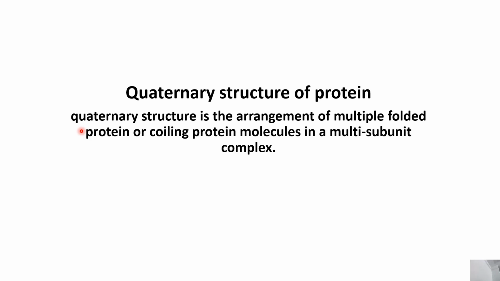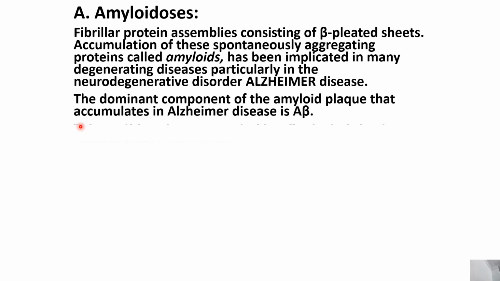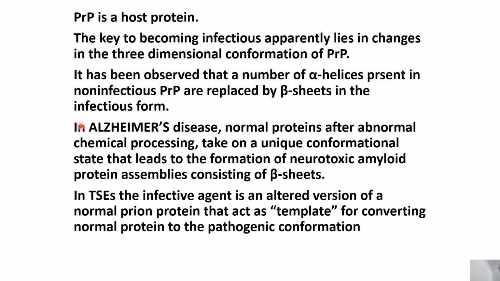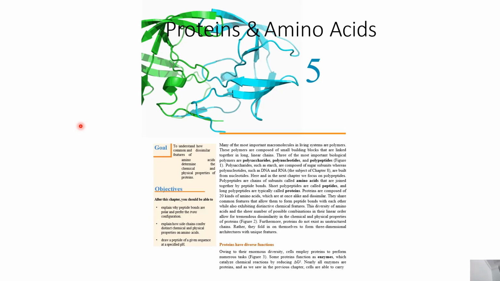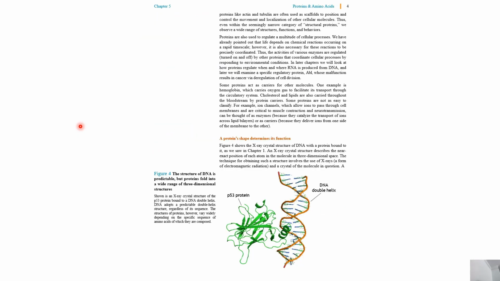Quaternary structure of protein is the arrangement of multiple folded protein or coiled protein complex in a multi-subunit complex. We have discussed denaturation. We will not go into these things because we have already discussed them.